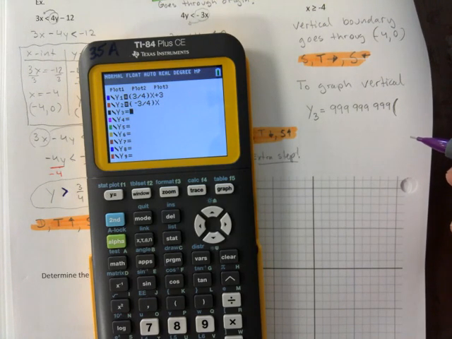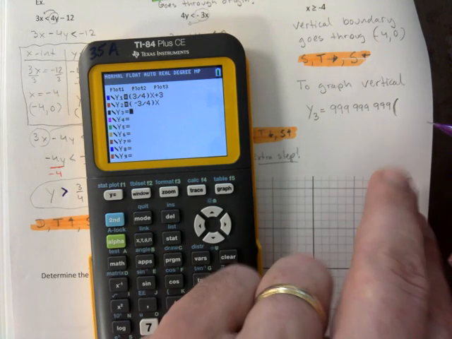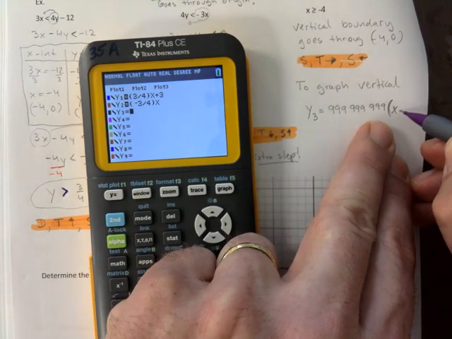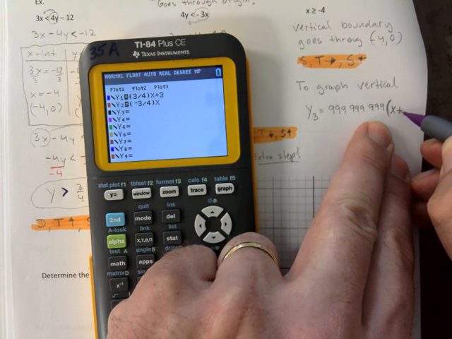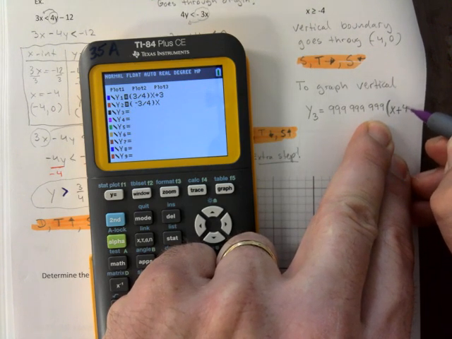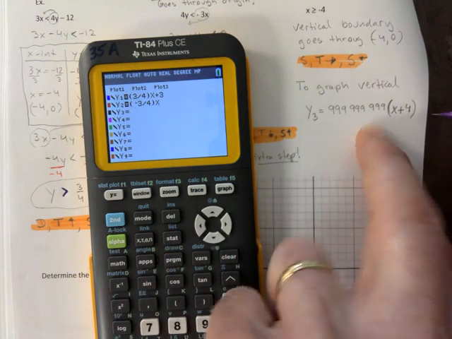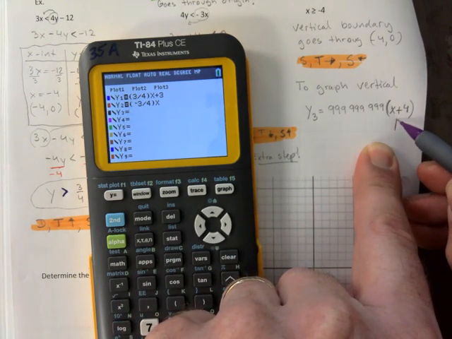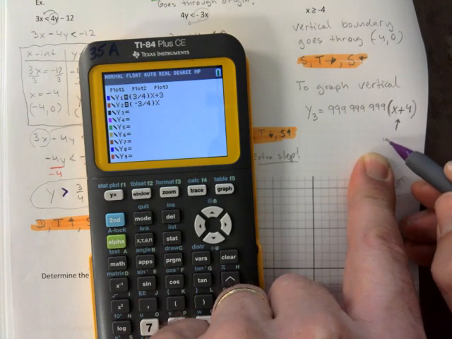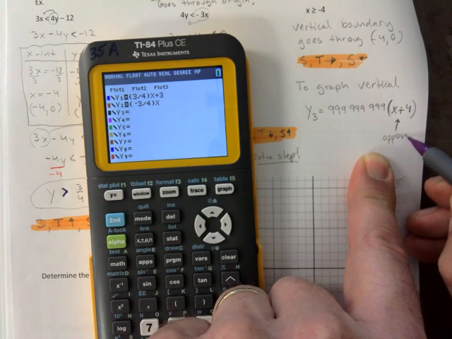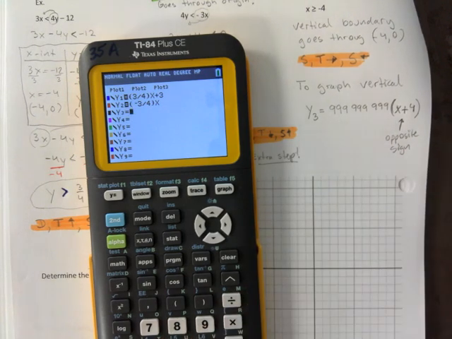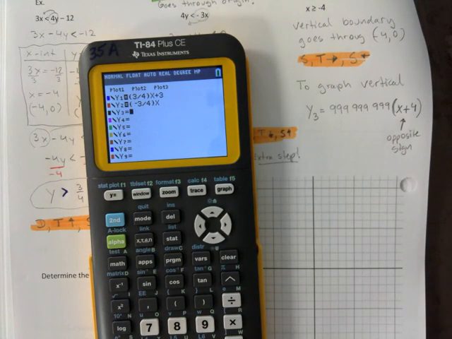You want to graph x minus 4, right? So you have to enter, it should give you flashbacks of the quadratic, x plus 4, the exact opposite of what you see. Okay, so I'll make an arrow, opposite sign. Opposite sign of what you want.